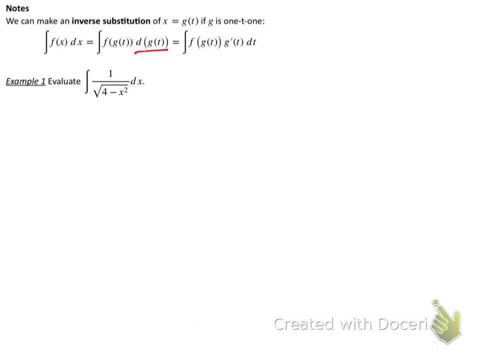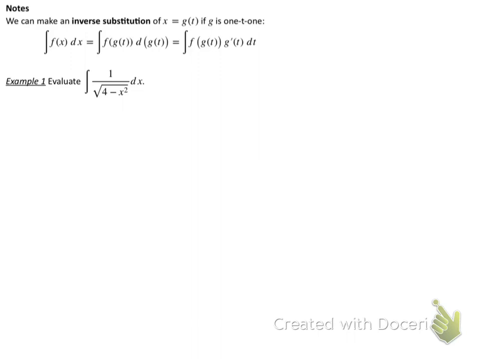The derivative of g comes out, g prime t comes out, and you have dt. By doing that, you are again changing the independent variable here. But the idea is not coming up with something in x, but you go ahead and say, I want my x to be whatever function, and then it will work nicely for you.